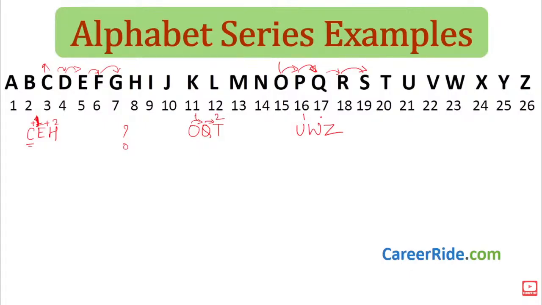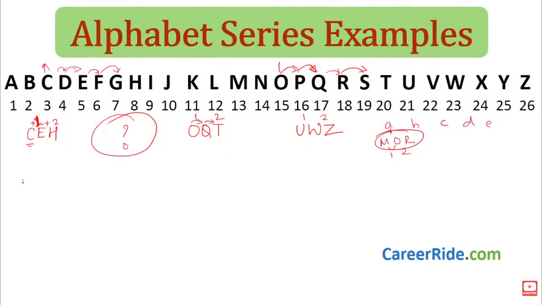Again here also one skip, here also 2 skips between W and Z. So whatever answer will come over here, whatever options would be given, A, B, C, D, E, we have to see that in that option, for example, they give say M, O, R, then we have to see if between M and O one skip is there and between O and R 2 skips are there. If that is the case, that will be our answer. See how easy it is using this table or this rough note you have written of A to Z and the positions.